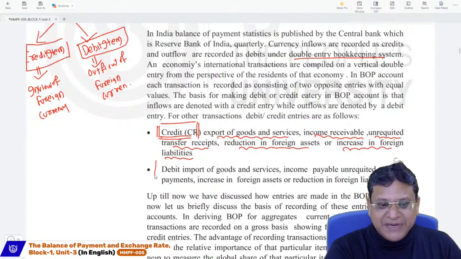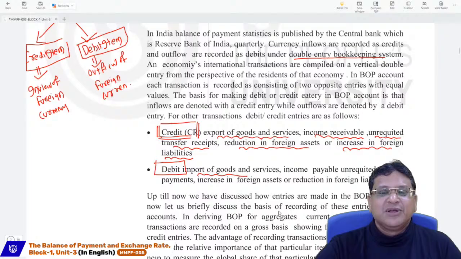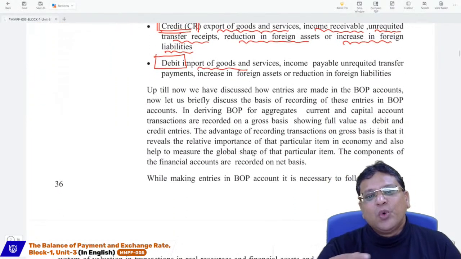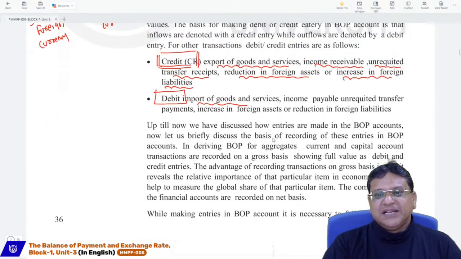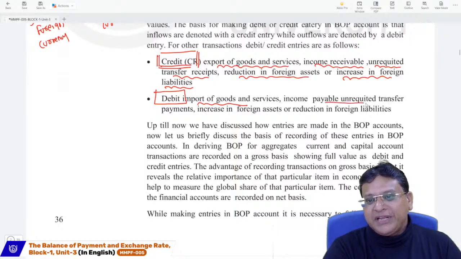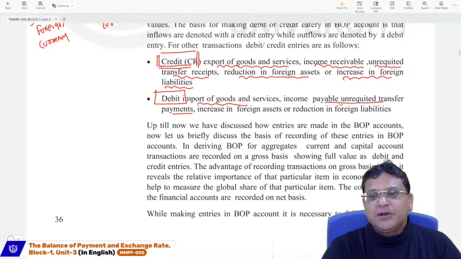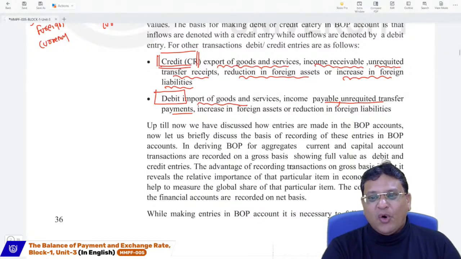Then there are certain debit items. What are debit items? Debit items include import of goods and services. When you import goods and services, foreign currency goes out of the country. So these are debit items. Next, income payable. Foreign income payable: if there is certain foreign income which you have to pay to residents of another country, those are debit items.